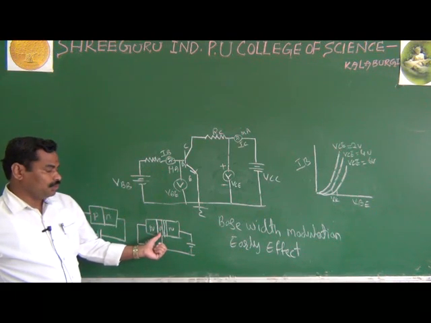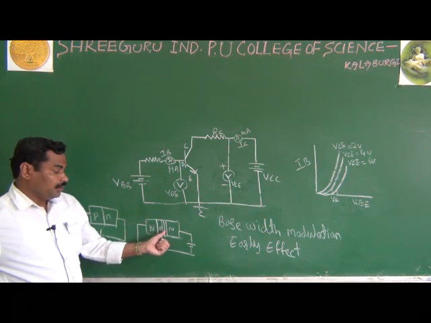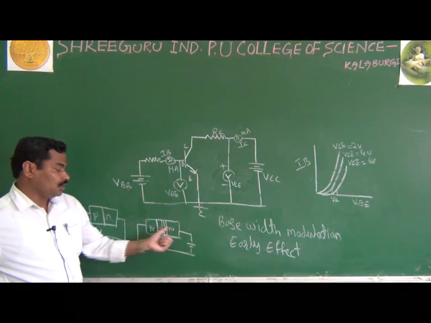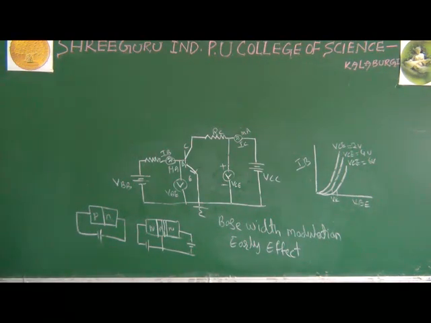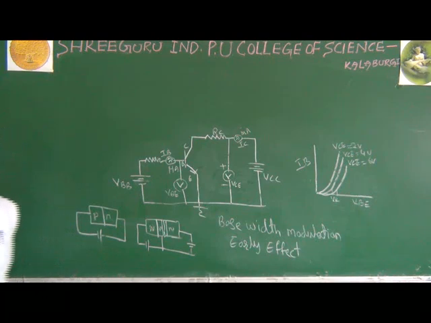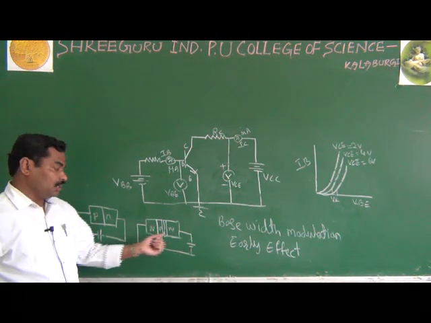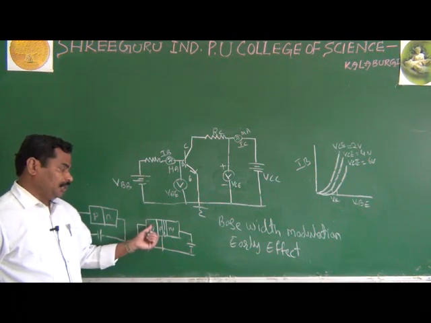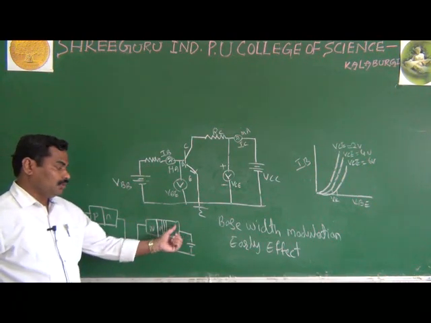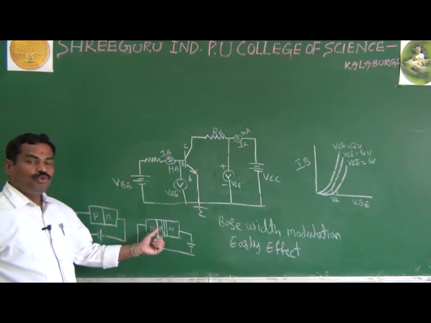Because of the reverse voltage, this depletion layer moves towards the base, not towards the collector or the emitter, because the emitter and collector are more heavily doped than the base. The depletion layer always moves towards the lightly doped region. It means the depletion layer moves towards the base.